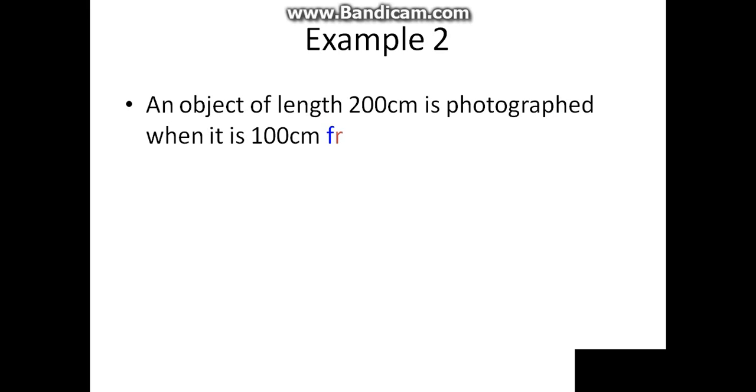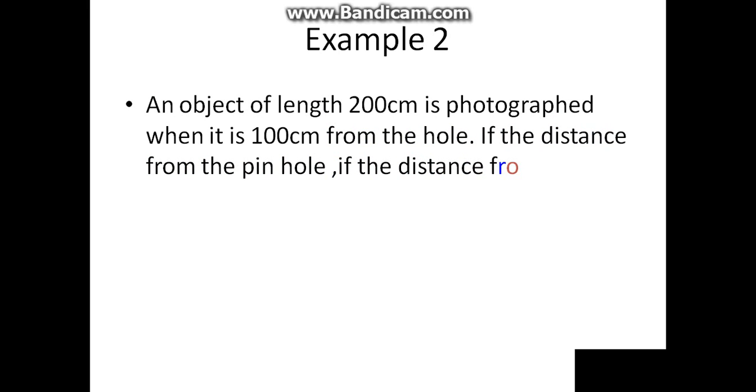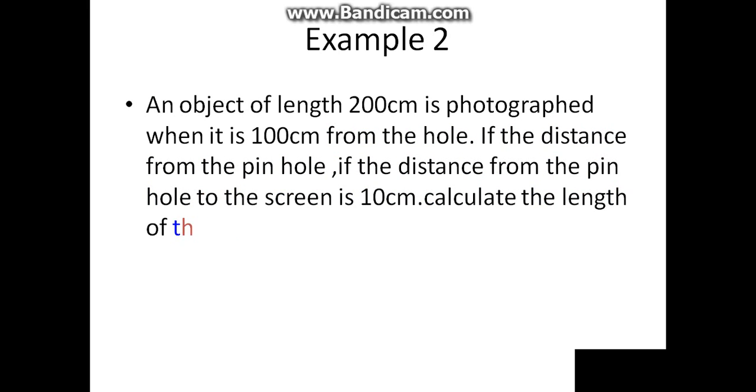Example 2. An object of length 200 cm is photographed when it is 100 cm from the pinhole. If the distance from the pinhole to the screen is 10 cm, calculate the length of the image. Solution.